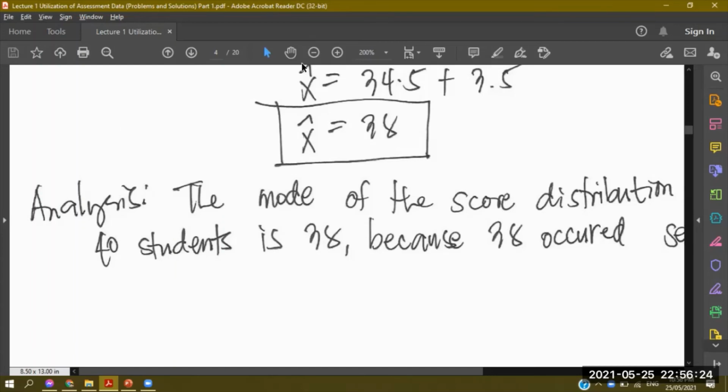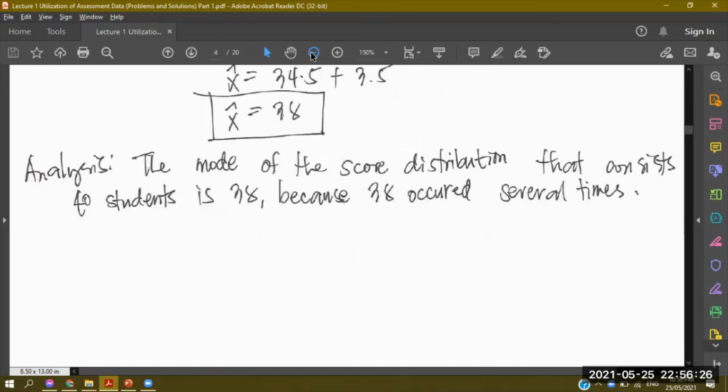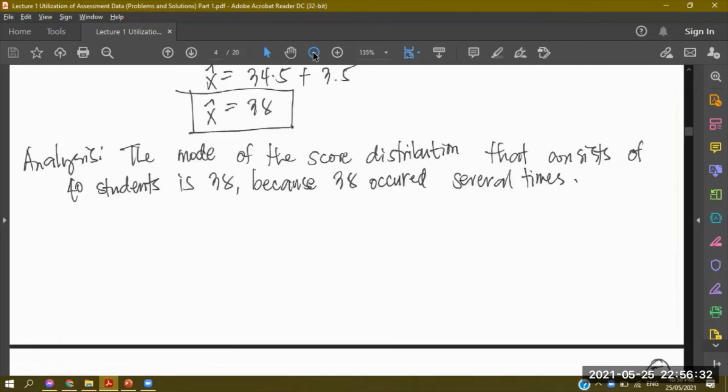Now let's try to look at how to analyze or interpret our mode, no? Okay. So ito, the analysis, very short. The mode of the score distribution that consists of 40 students is 38 because 38 occurred several times.